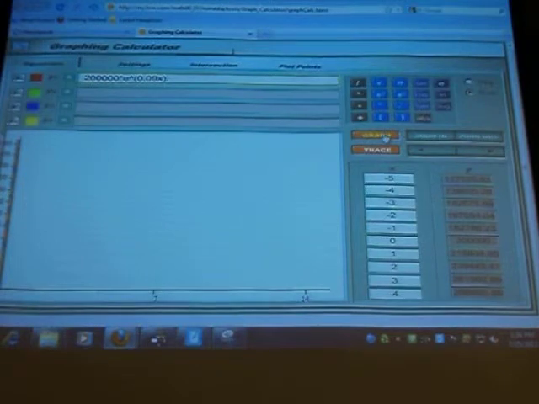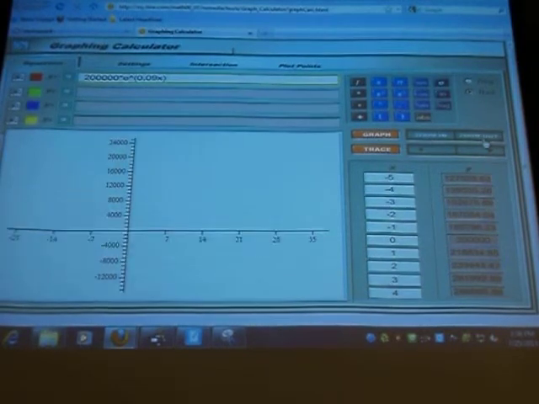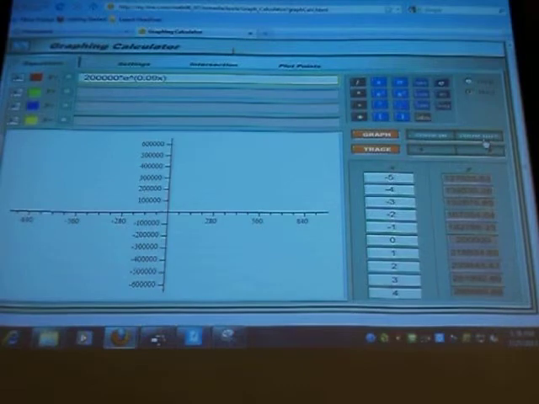Now let's zoom out until we see something.